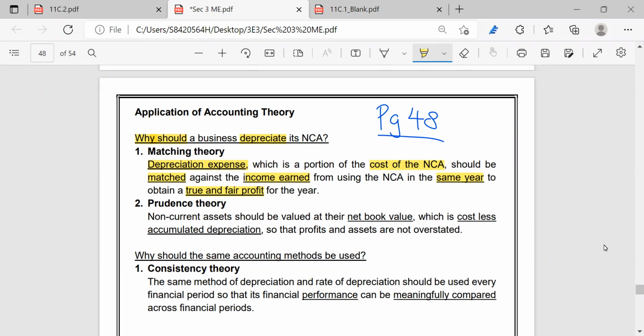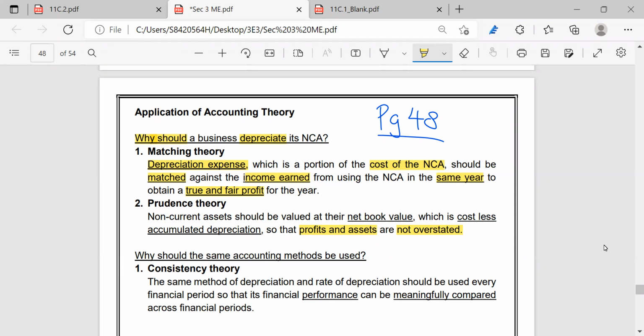The other theory is the prudence theory. Prudence theory is more for the accumulated depreciation side, because at the end of the day, you don't want to overstate your profits. You also don't want to overstate your assets. This is the essence of prudence theory, the basis of which is to be very conservative.